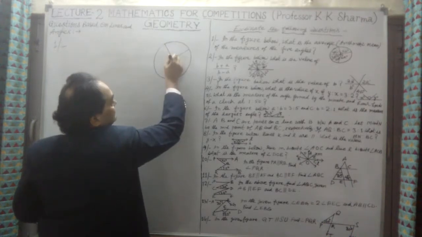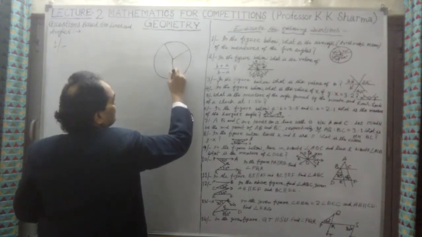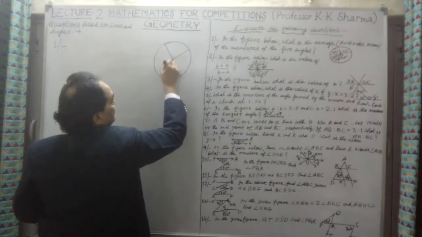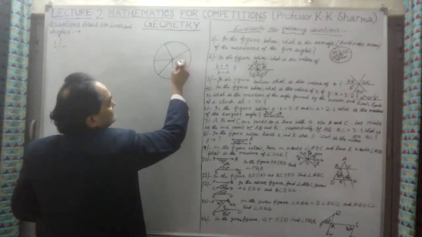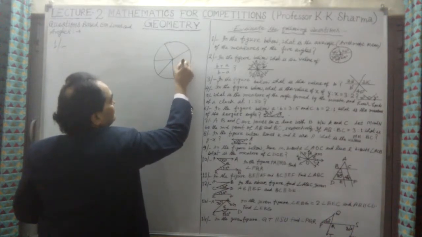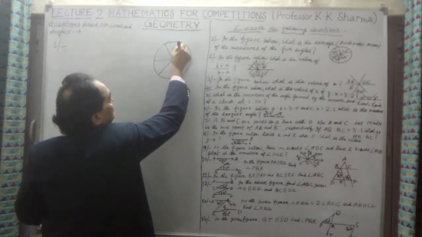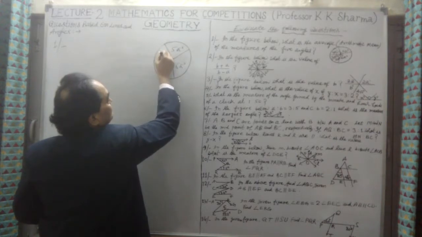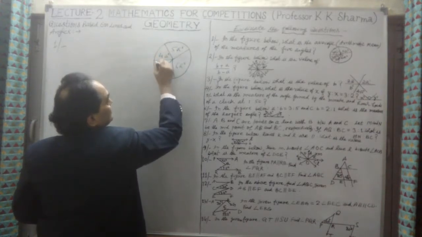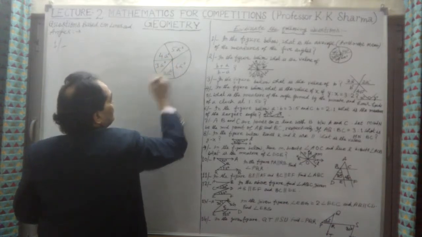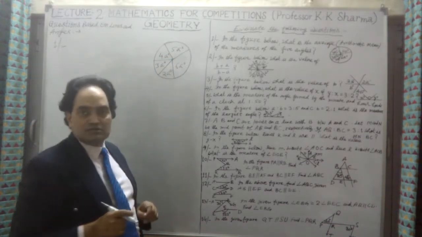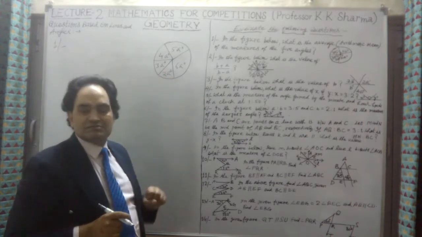These angles are 6A degrees, 5A degrees, 4A degrees, 3A degrees, and 2A degrees. Now it asks what is the average of these 5 angles.